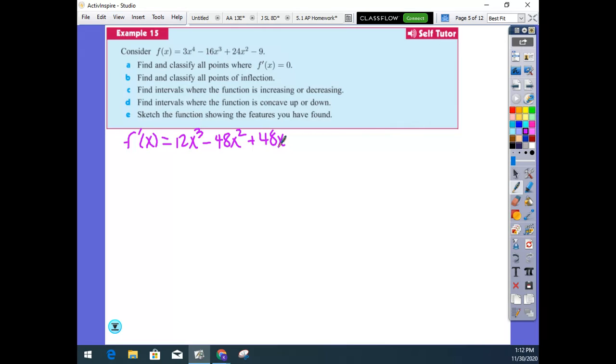Okay, we then need to figure out where the first derivative equals 0. There is a GCF of 12x. So first I'm going to divide everything by 12x.